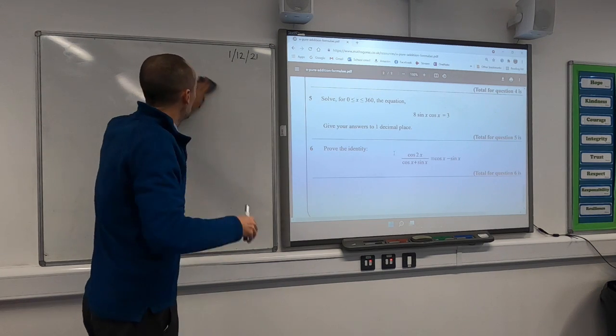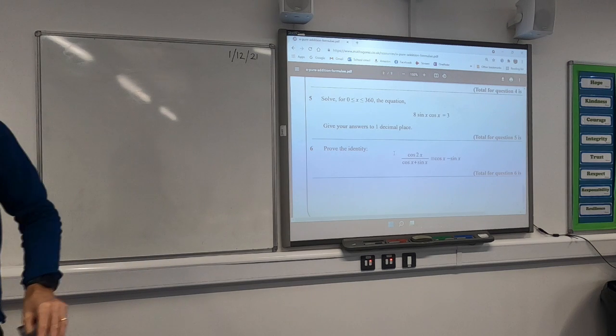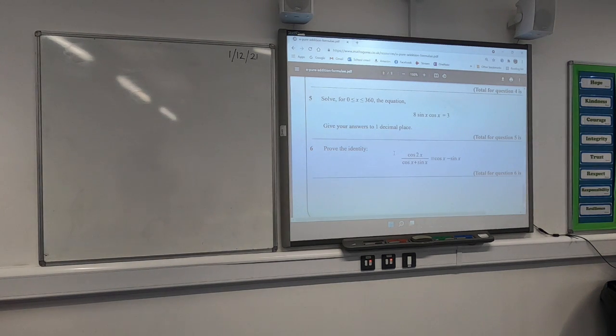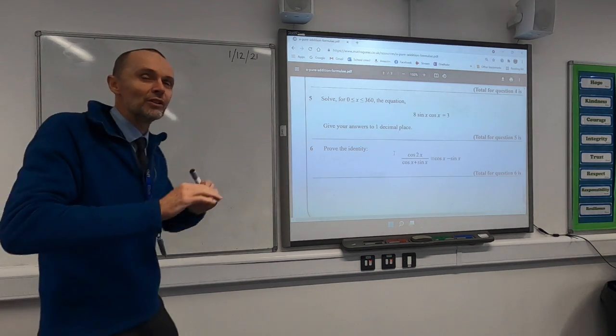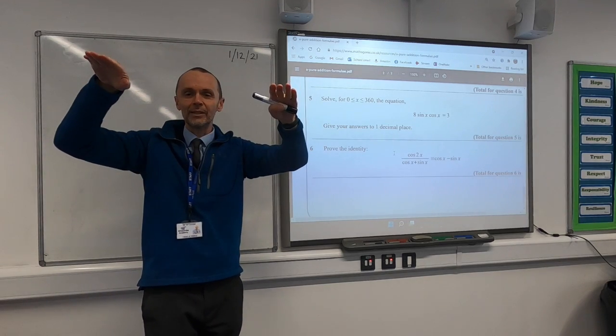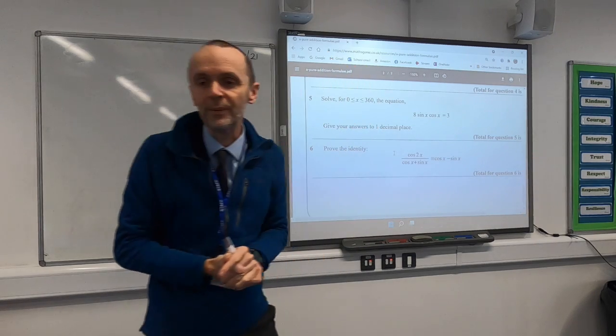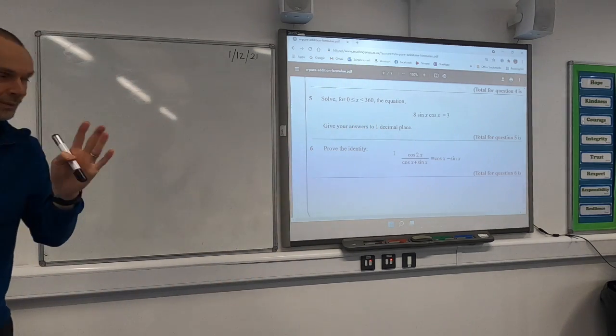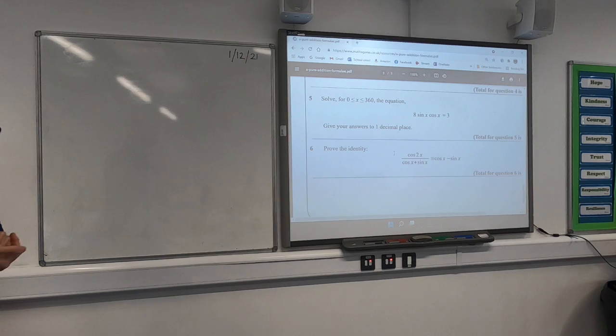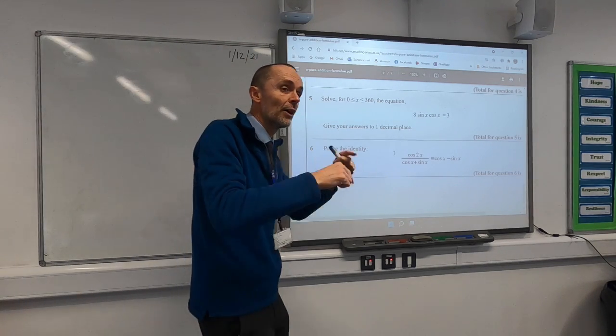So this is one where you go back to sine 2x. In nearly every example, you start with either a cos 2x, a sine 2x, or a tan 2x, and you replace it with the identity from the trig sheet, and with cos you've got to choose which one you use. But we did do an example when we were talking about cos 2x of going back.